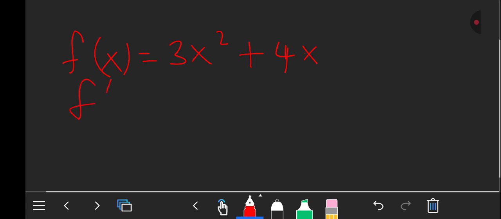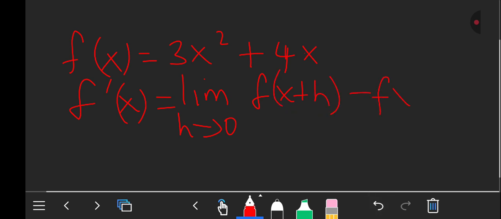So f prime of x will be equal to limit as h approaches 0, then I'll have f of x plus h minus f of x over h.